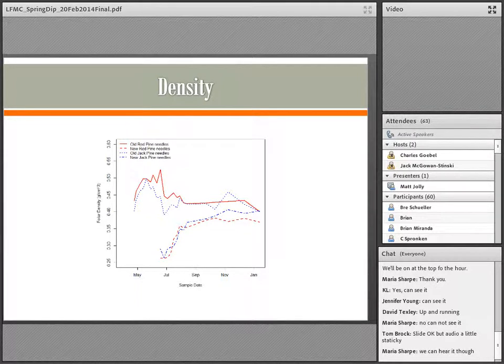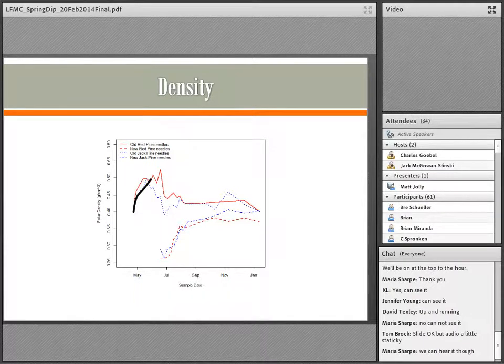So it would lead us to believe that it's some kind of carbon accumulation, and that's what we'll talk about next. But you can see that the density of the needles actually starts out in some cases below 0.4 and increases almost to 0.5.